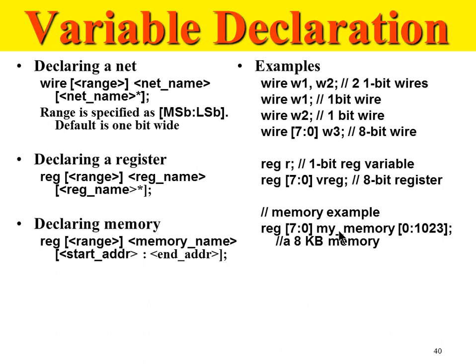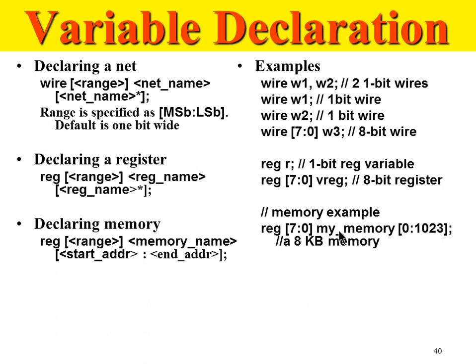If we stack 8-bit memory one on top of another 250 times, my depth becomes 250, my width becomes 8 bits. Each location becomes the width of the memory, and the number of such locations becomes the depth of the memory.